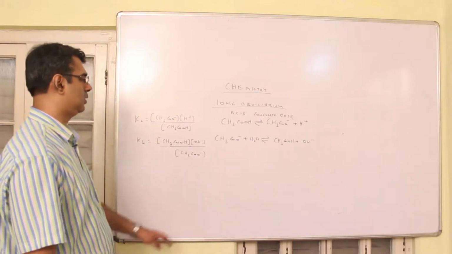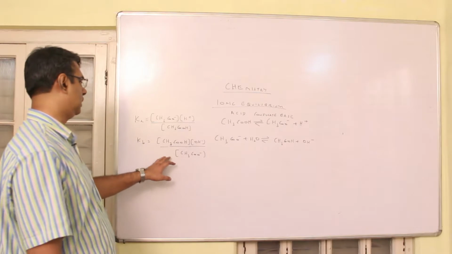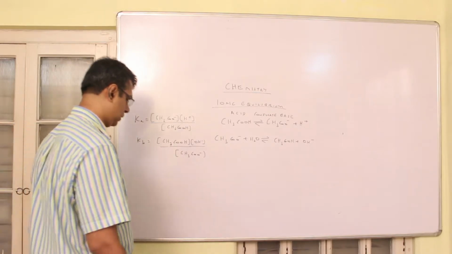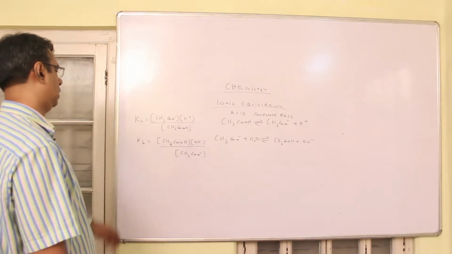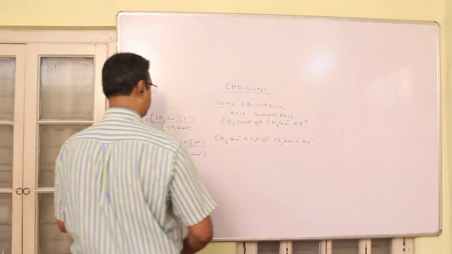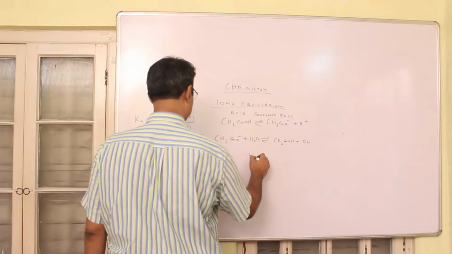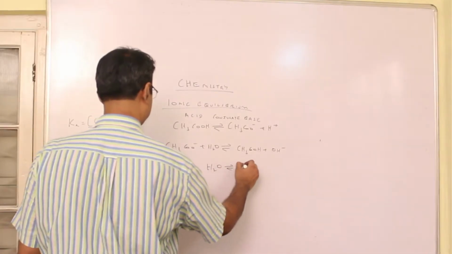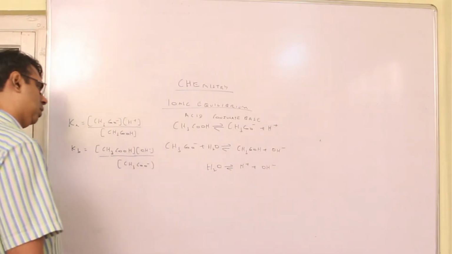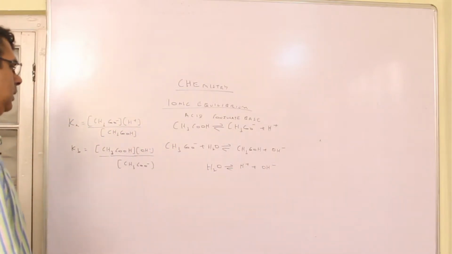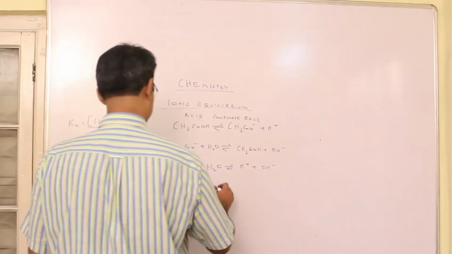So the concentration of water is not considered in the equilibrium dissociation constant. So we have got Ka, we have got Kb, and if we consider water alone as an electrolyte, then this will be the reaction for dissociation of water.